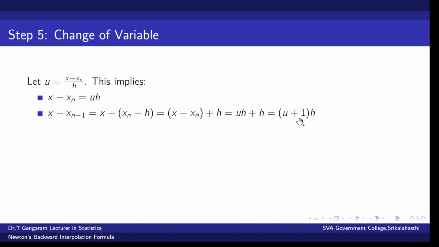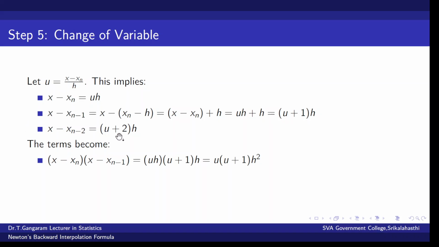By taking h common, we get u plus 1 into h. Similarly, x minus xn minus 2 is u plus 2 into h.